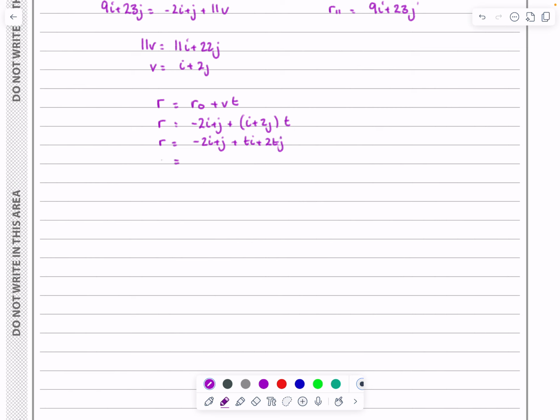So what I can now do is write it down as how many i's and how many j's. What have we got here? (t minus 2) lots of i, and then (2t plus 1), or 1 plus 2t, doesn't matter, (2t plus 1) lots of j. So I'm going to leave my answer like that because I know that's a little bit easier to work with later on in the question.